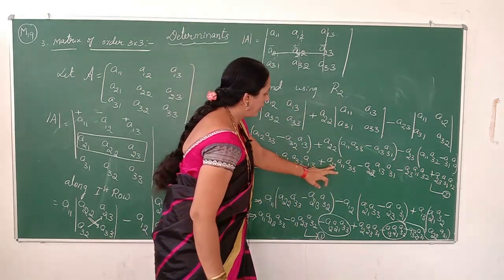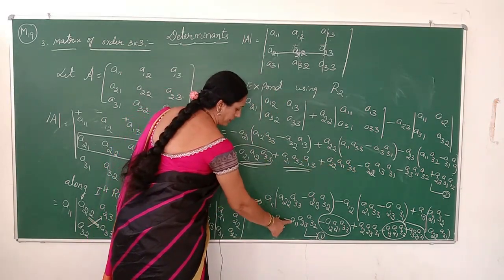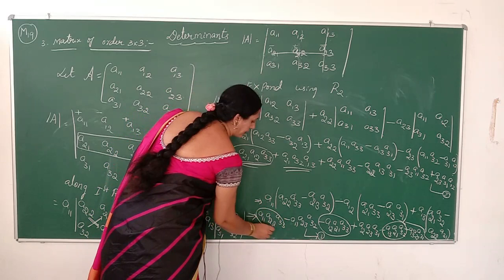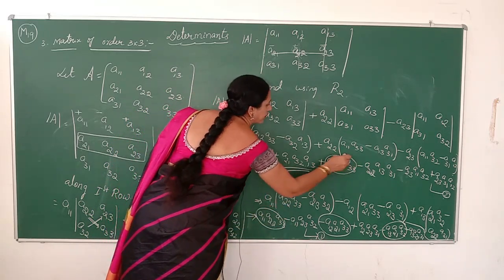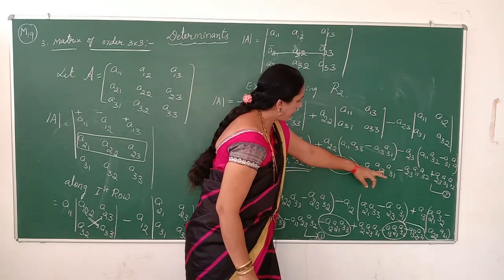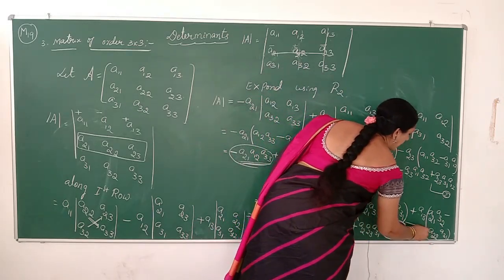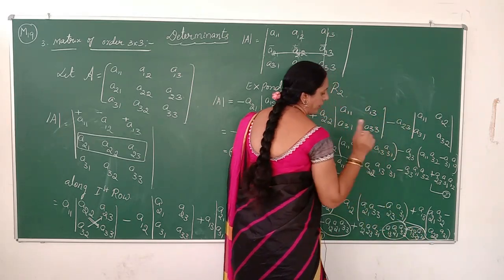Similarly, the third element, A22, A11, A33, and A11, A22, A33, are positive, positive. Then the fourth element, minus A22, A13, A31. Then the last element, minus A13, A22, A31.